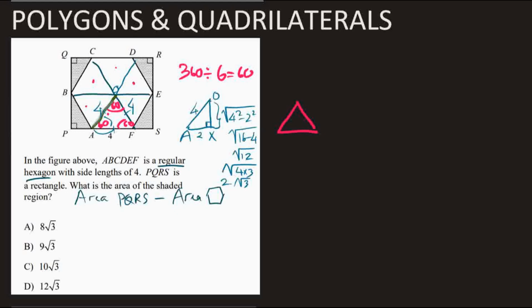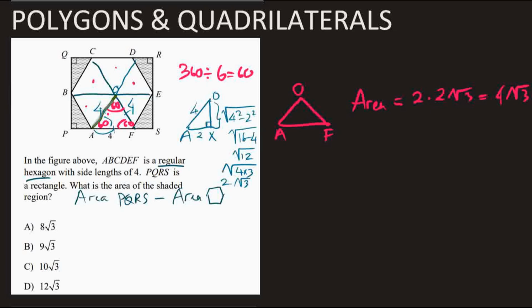Let me make it bigger. So now if we have one triangle, the area is 2 times 2 square root of 3, which is 4 square root of 3.